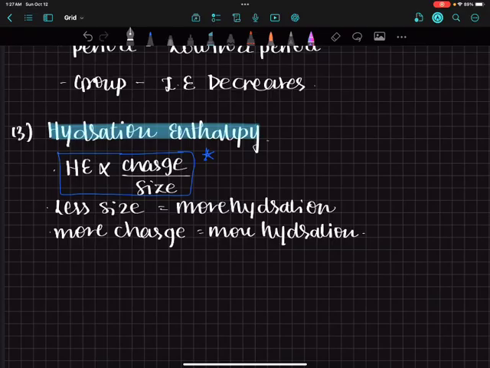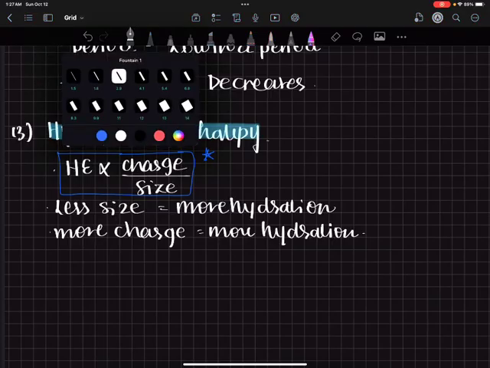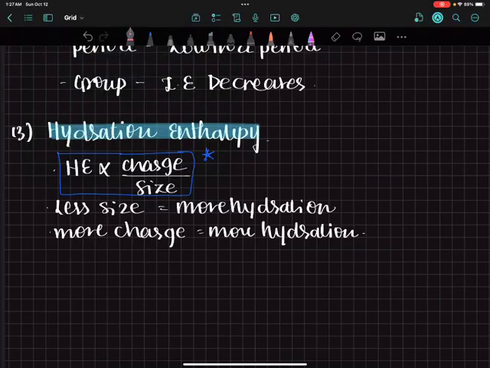Here we can say that Li+ has more hydration than Na+, then more than K+, and it goes on.